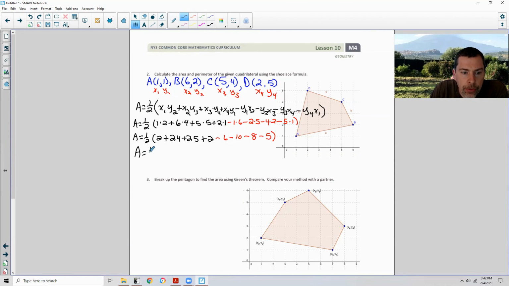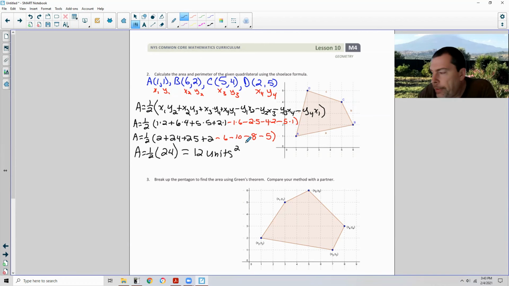A equals 1/2. 2 plus 24 is 26. 26 and 25 is 51, and 2 is 53. 47, 37, 29, 24. So the area equals 12 units squared.